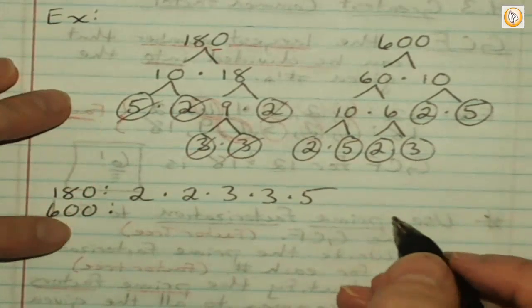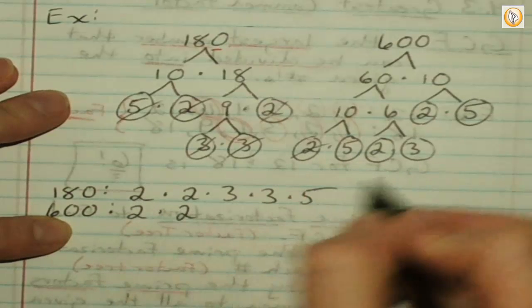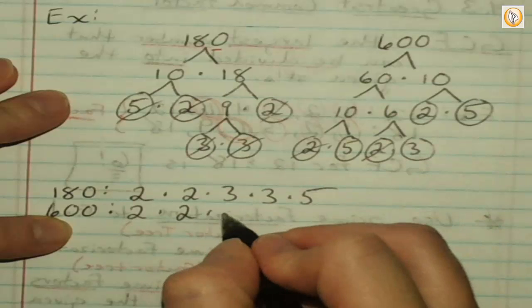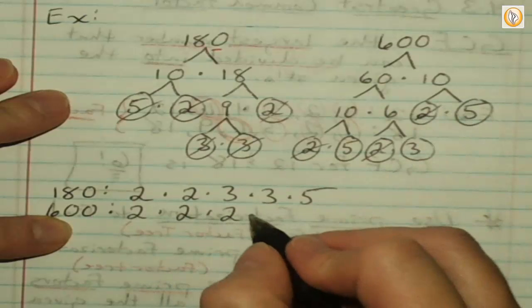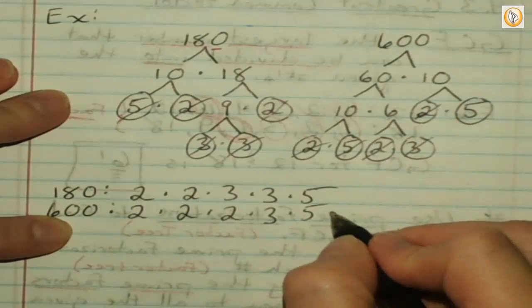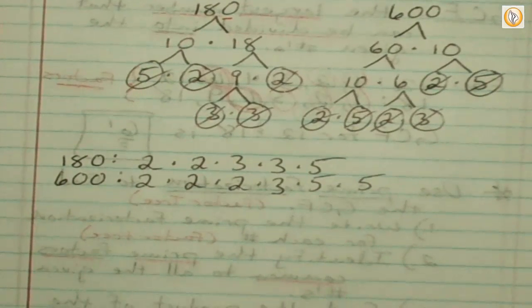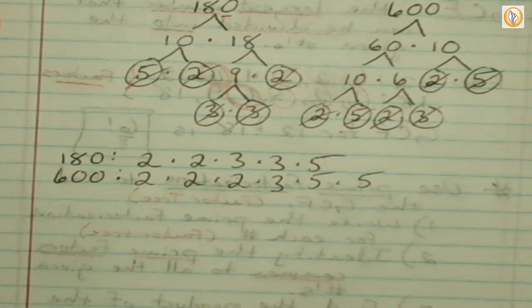And then for 600, I have 2 times 2 times 2 times 3 times 5 times 5. When you cross it out, it helps so that you don't accidentally put too many.